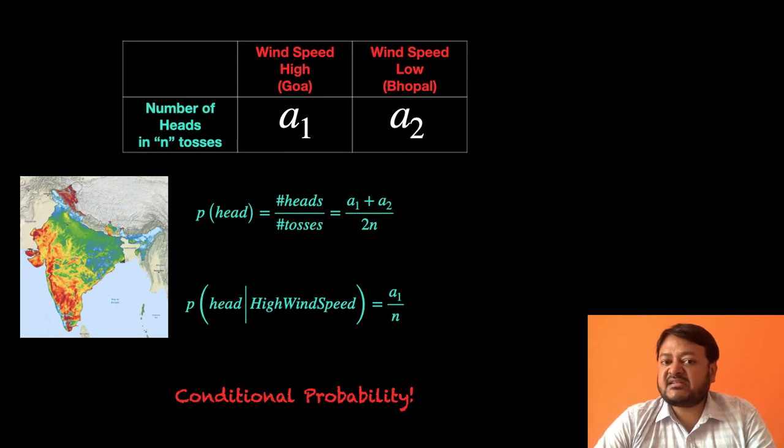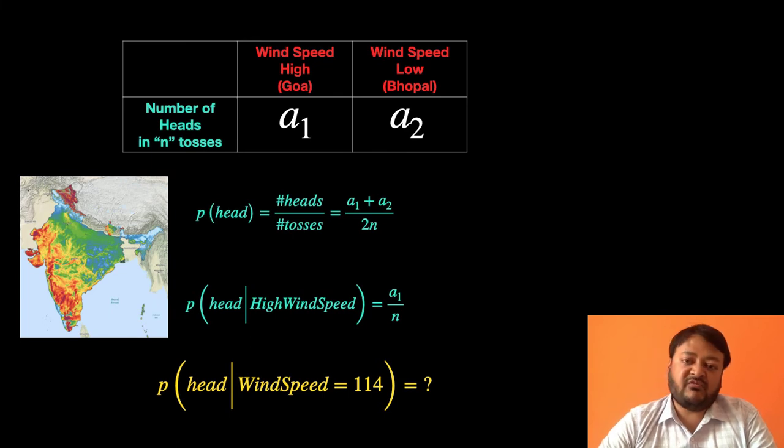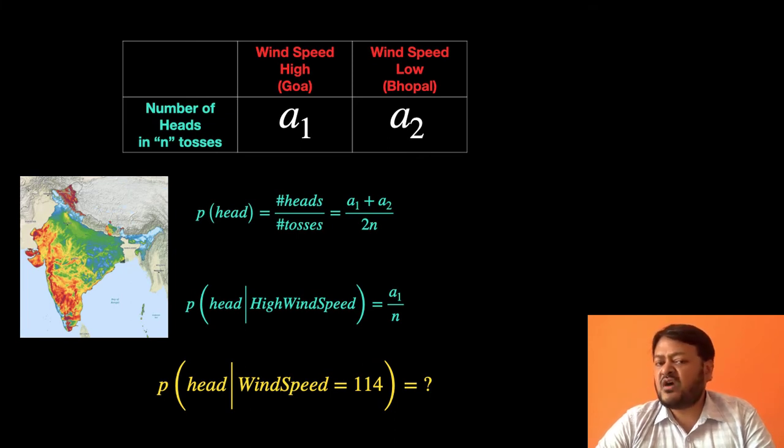Now let's make it slightly more complicated. Instead of just asking about the probability of head given high wind speed or low wind speed, suppose I ask what is the probability of getting a head for a precise value of wind speed. Let's say, what is the probability of head if my wind speed is 114? How would you estimate that? It is quite difficult.